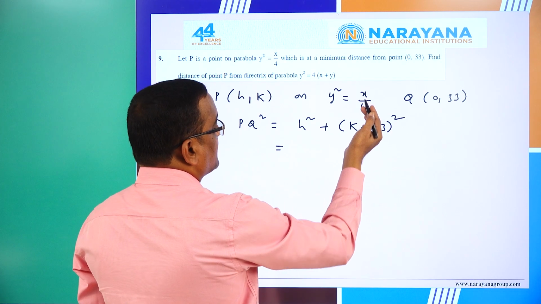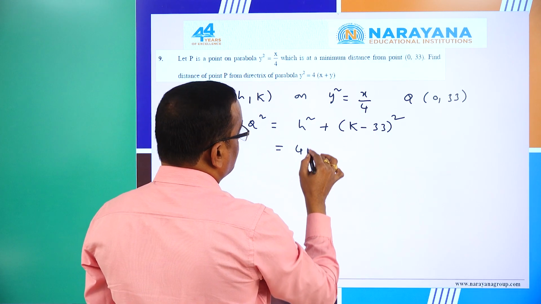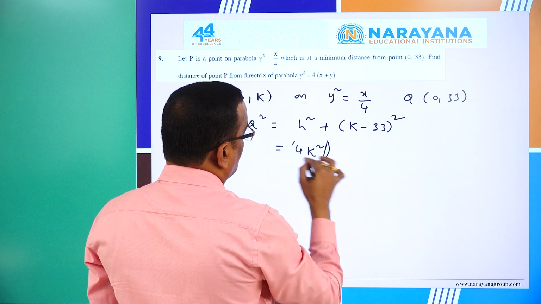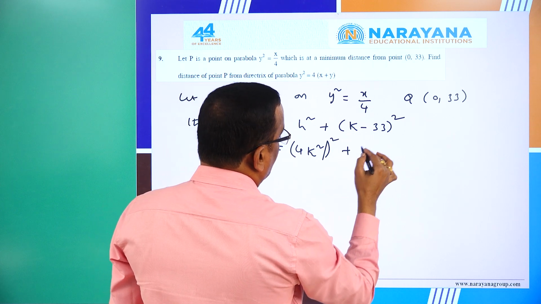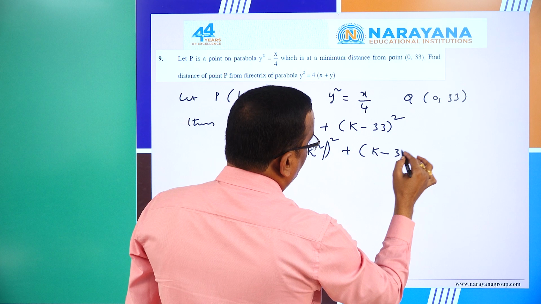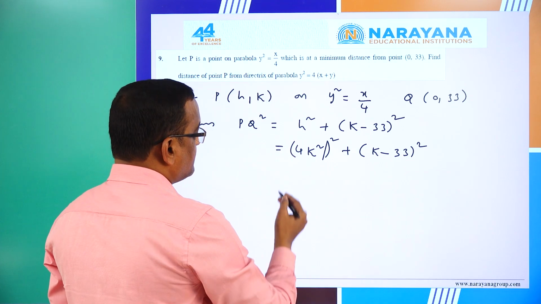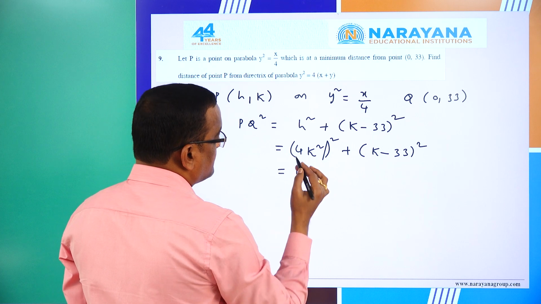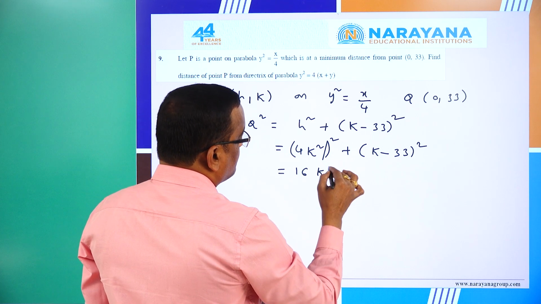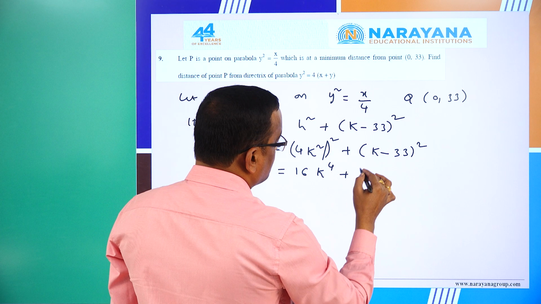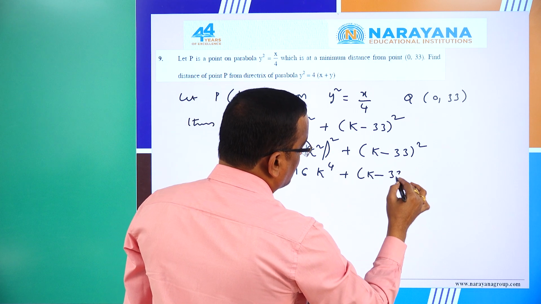So, from that h is 4k square, so PQ square is 4k square whole square plus k minus 33 whole square. This is 16 k power 4 plus k minus 33 whole square.